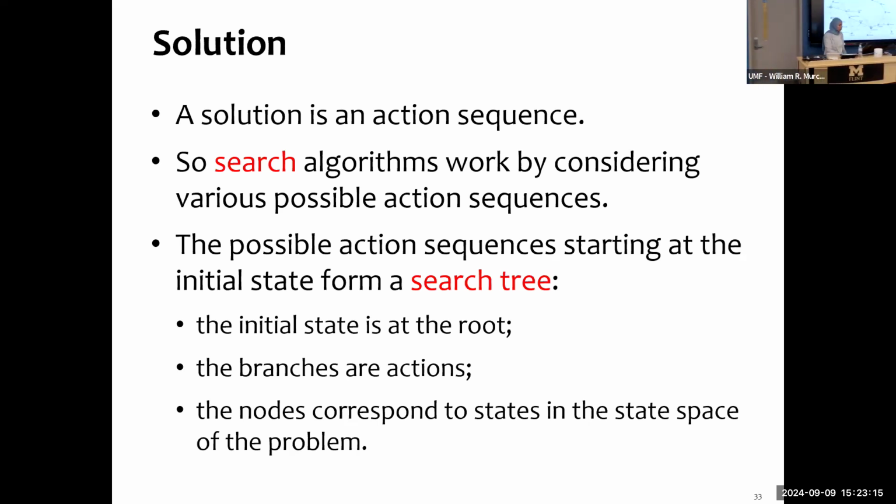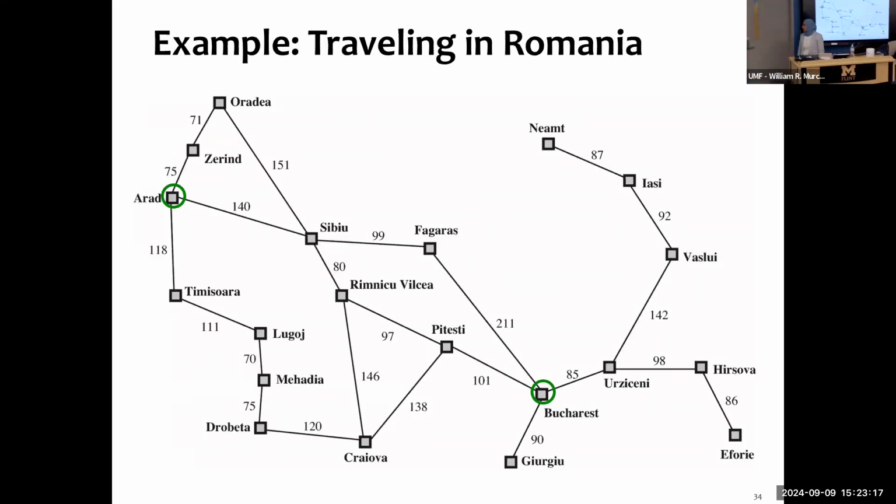So we will now take a real, very famous example, which is traveling in Romania. This example is very famous. And the idea here, these are the different states in Romania. We have our initial state, the root, which is this city, Arad.